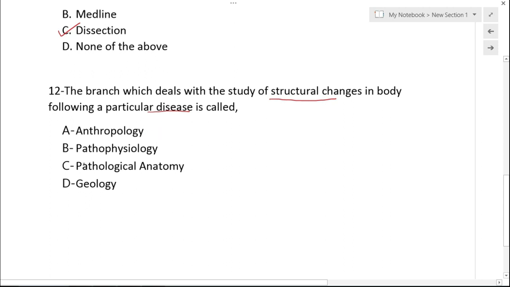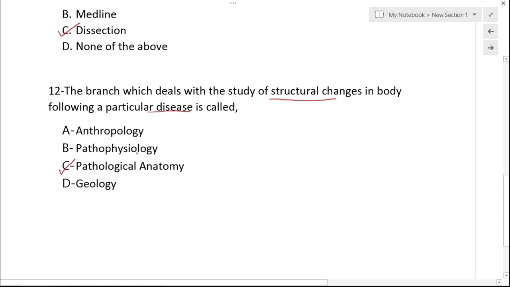The correct answer is option C, pathological anatomy. The study of structural changes of the body following a particular disease is called pathological anatomy.